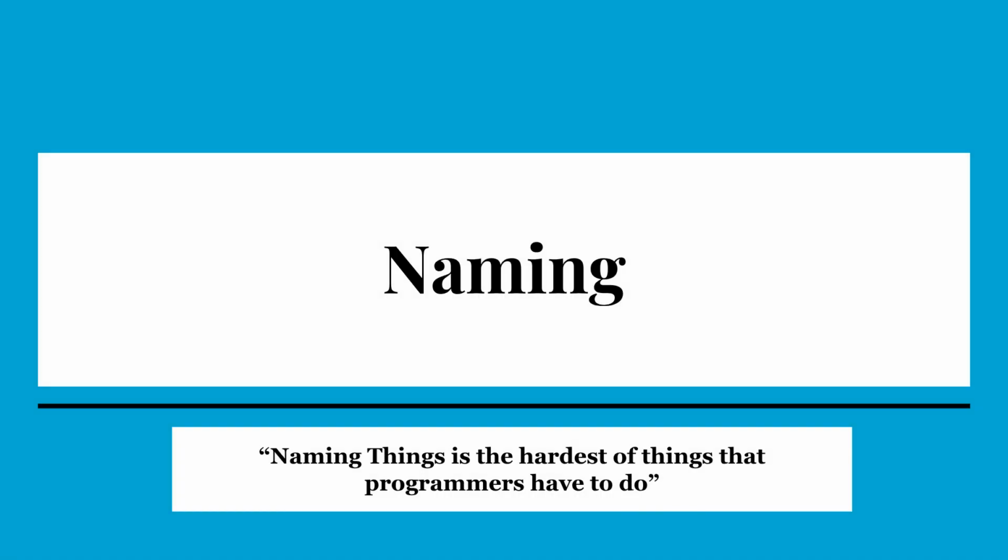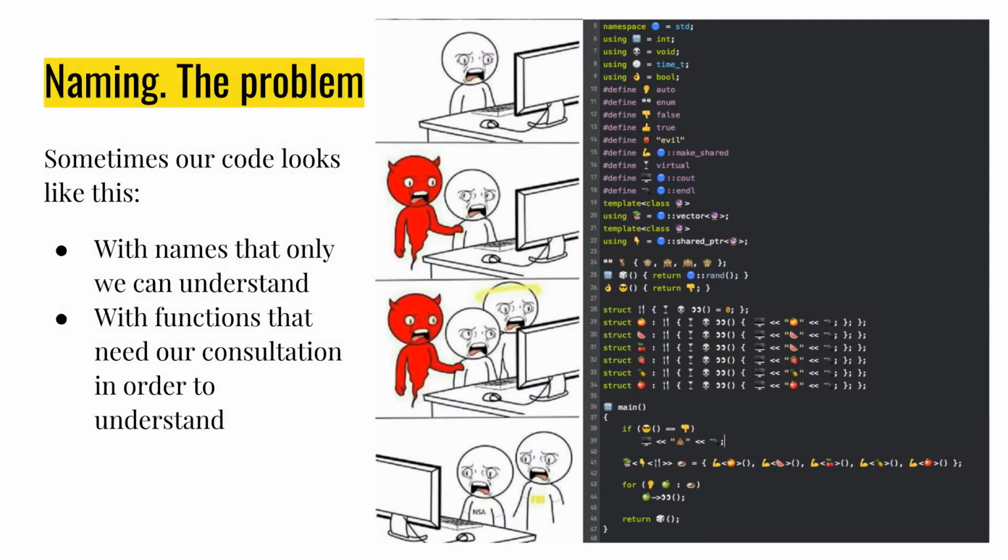So the first part about clean code is naming, and naming things is one of the hardest things that programmers have to do. The problem is that with naming we have rarely any restrictions, and some languages have no restrictions at all.